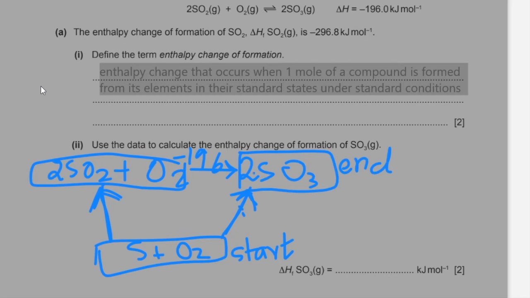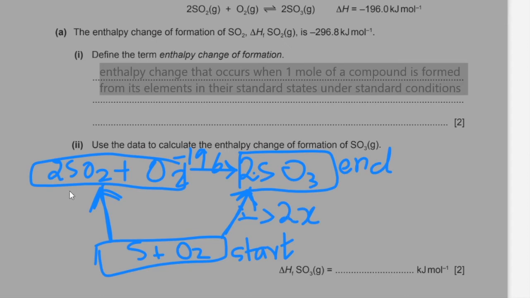So here we need to calculate this value, which is the formation of sulfur trioxide, but let's denote it by x, but I'll write twice of x because over here we have 2 moles of sulfur trioxide forming according to the equation, and enthalpy change of formation is supposed to be the enthalpy change for formation of 1 mole only. So I'll be writing 2 moles over here.